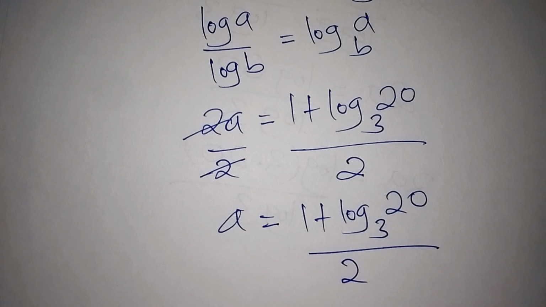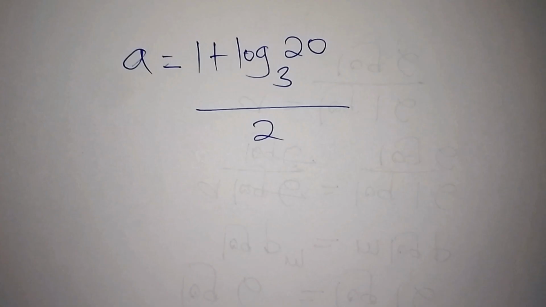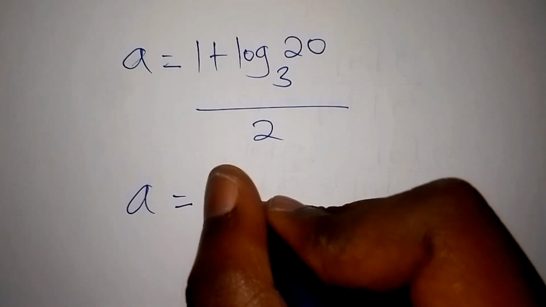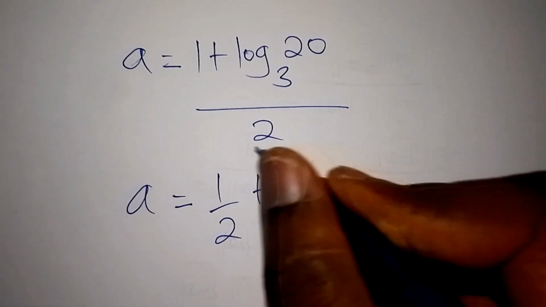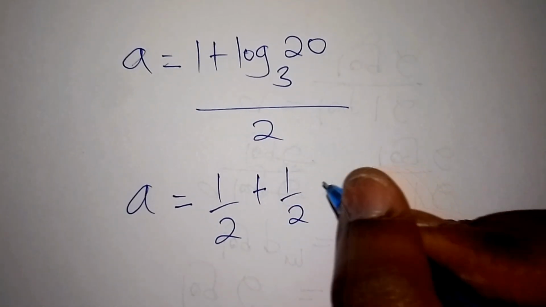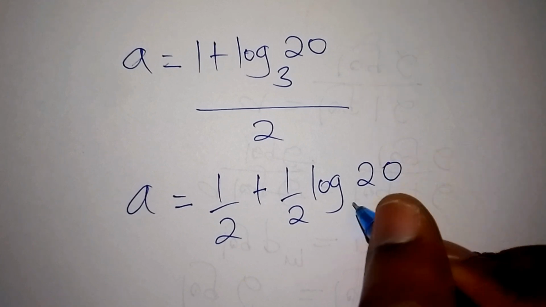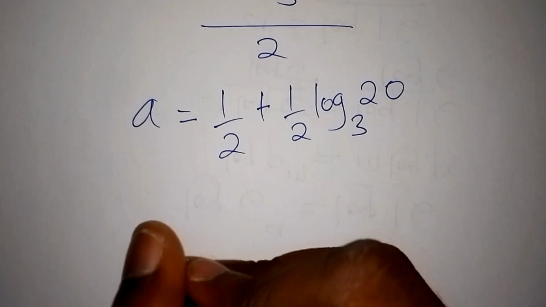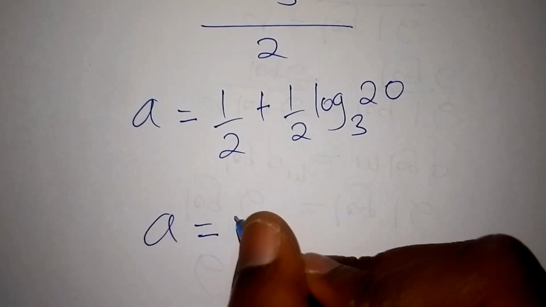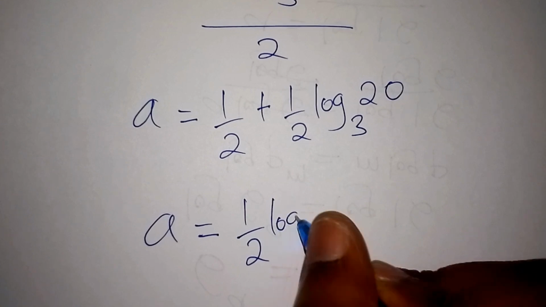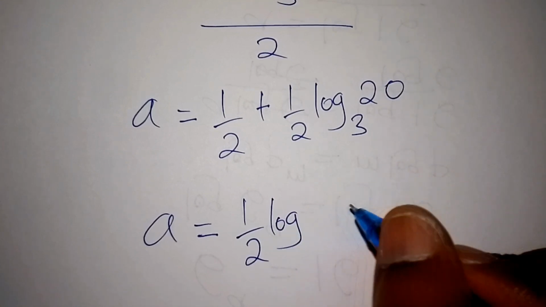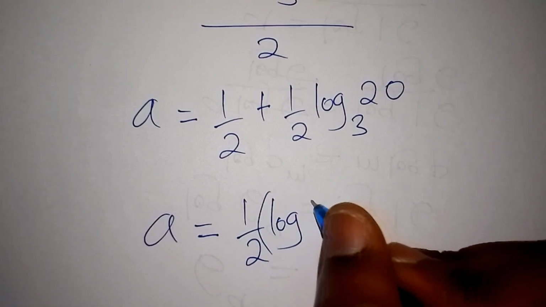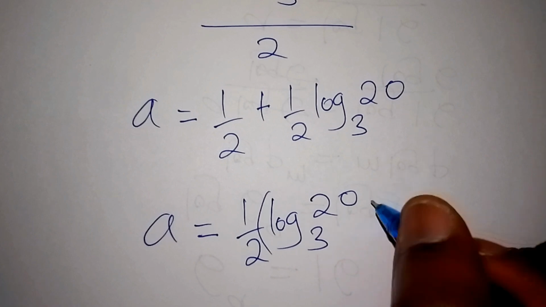We are still not yet done. When this is worked out, a equals 1 over 2 plus a half the log of 20 to the base of 3. When we shorten it very fast, our value for a equals a half into bracket the log of 20 to the base of 3, plus 1.